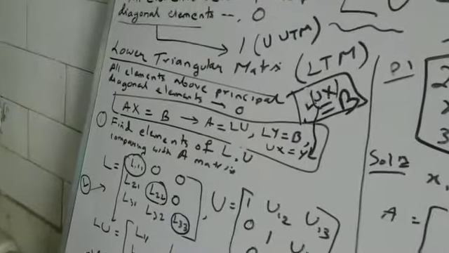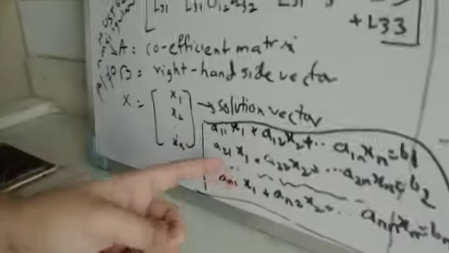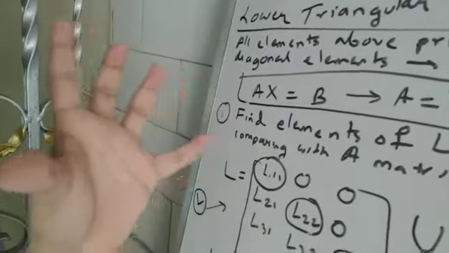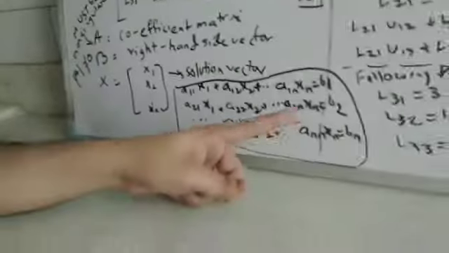And from this equation, A into x is equal to B. A means all the coefficients, x means x1, x2, up to xn, and B means all the B values. If you multiply this, you will get the whole system.